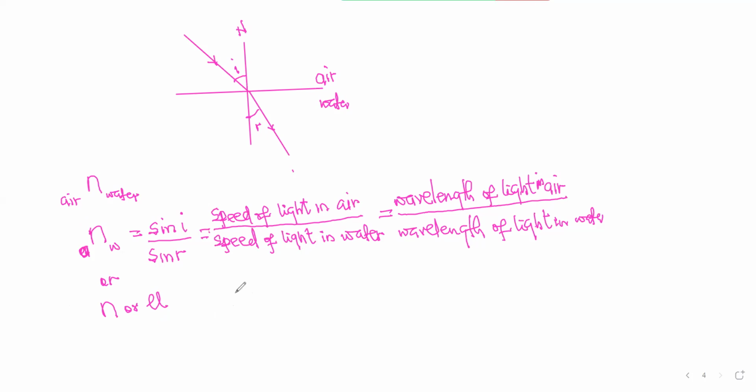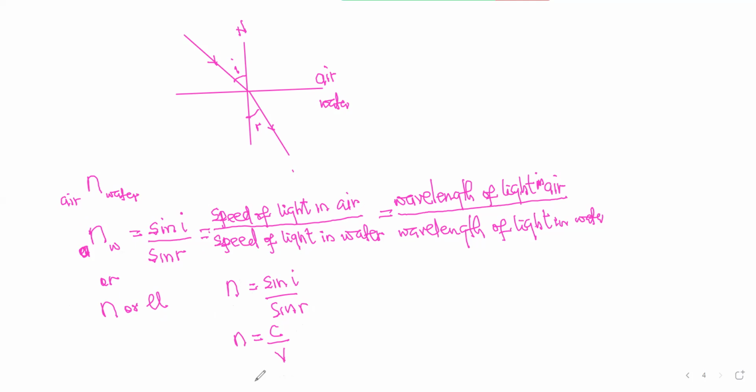So it can be n is equal to sin i over sin r, or n is equal to the speed of light in air divided by the speed of light in a medium. Please, the speed of light in air is always represented by the small letter c.